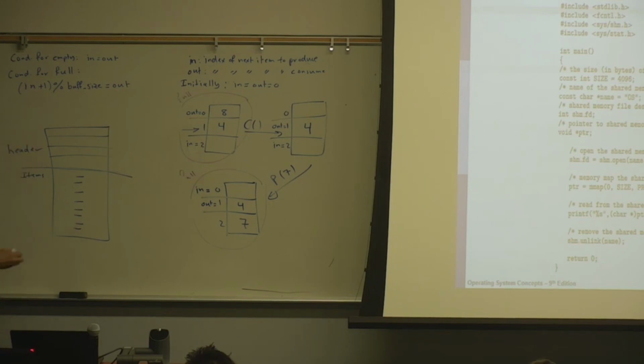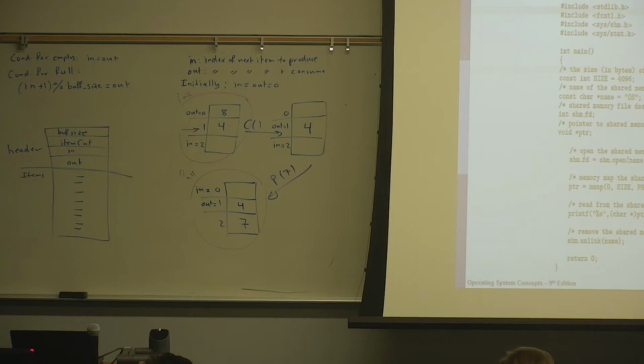In the header, we have the buffer size, we have the item count, we have in and out. So these in and out indices are going to appear in the header.